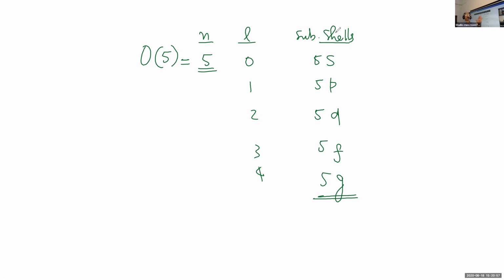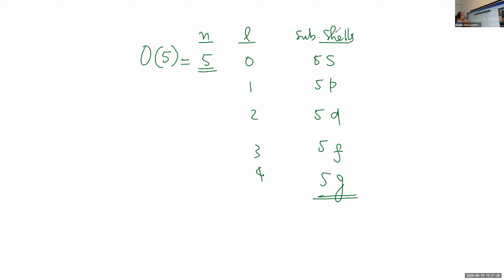You just remember the order, the sequence: s, p, d, f, g, h. From that, 1, 2, 3, 4, 5, etc. 1s, 2p, same order, 3d, 4f, 5g, 6h, etc. These are the possible subshells.